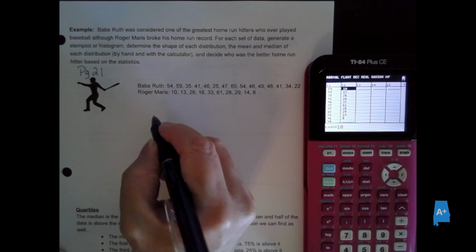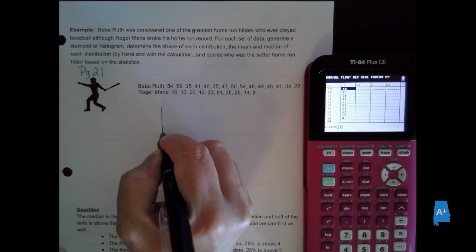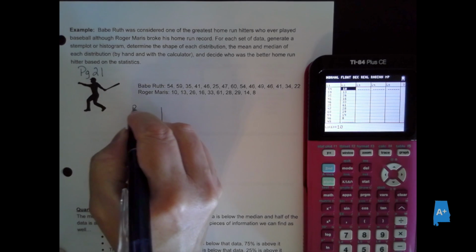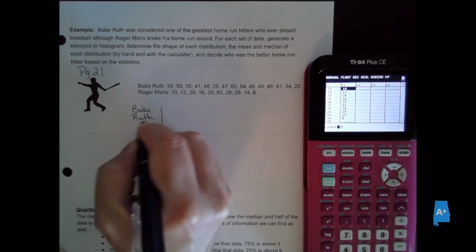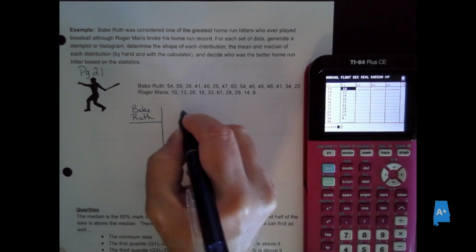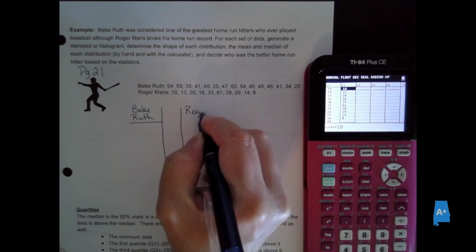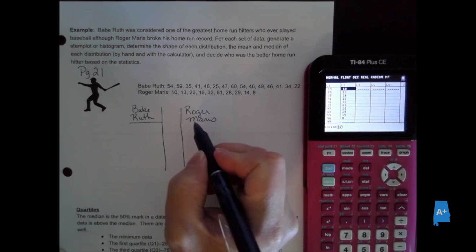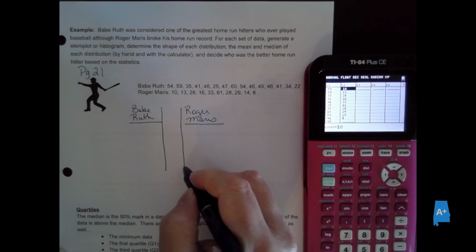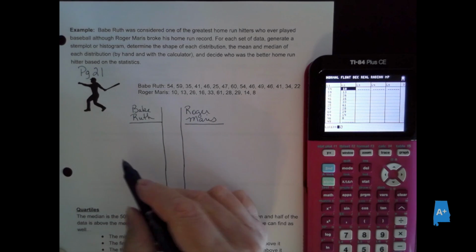Okay, so for your stem and leaf plot, it's going to look something like Babe Ruth here, and Roger Maris is here. Okay, so there they are. And so put your stem in the middle, and then you're going to put your leaves on either side.